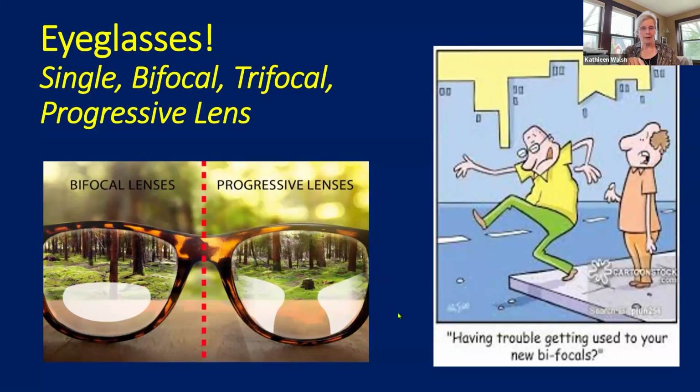But what we find with bifocals and particularly progressive lens is they can't find the spot where they're supposed to be. So you'll have a lot of patients with progressive lens, and particularly bifocals or trifocals, which are not seen much anymore, who can't find the curb. They can't find the step. They can't see the threshold because they need to get the glasses just right to see it.